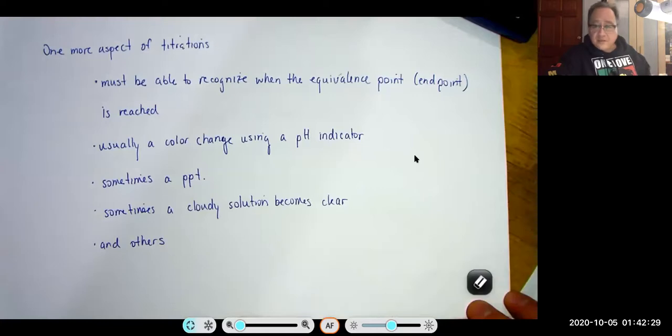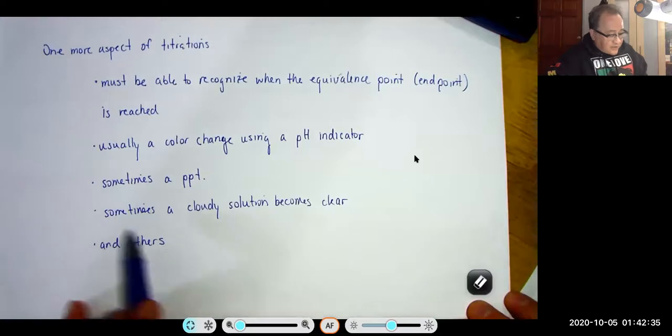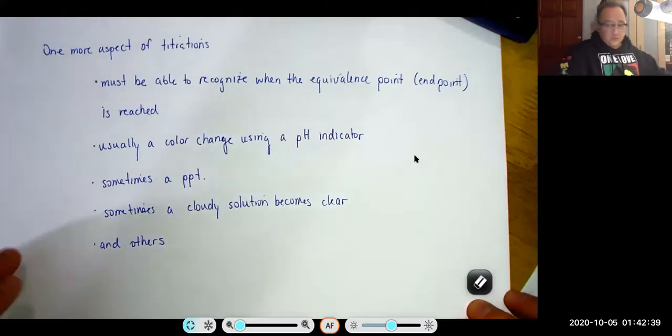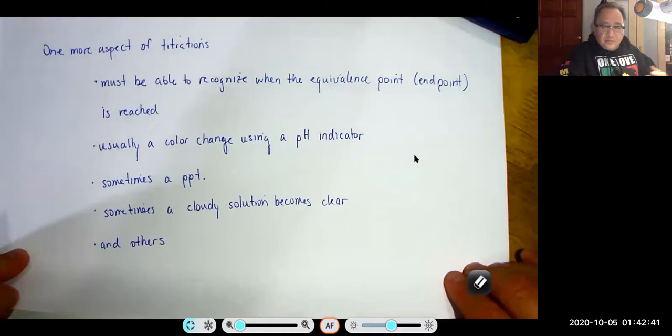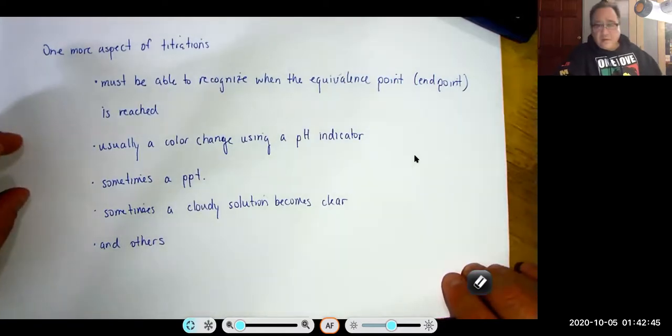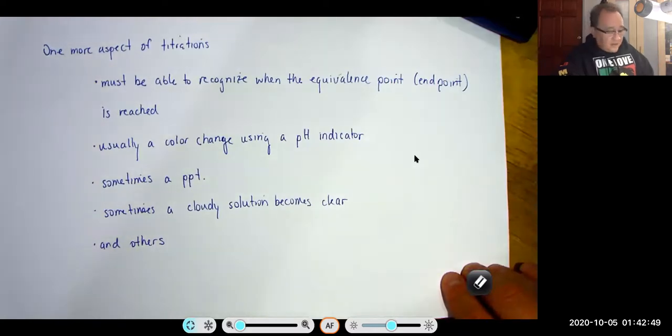Or you might be titrating a solution that is kind of cloudy, so it's not really a solution, it's a homogeneous mixture, and you titrate it till it becomes clear. And there are other ways of doing titrations where you are looking for some sort of indication that you reached the equivalence point. If you don't have a way to see or recognize the equivalence point somehow, then it's going to be very difficult to determine any sort of quantitative material from the titration.